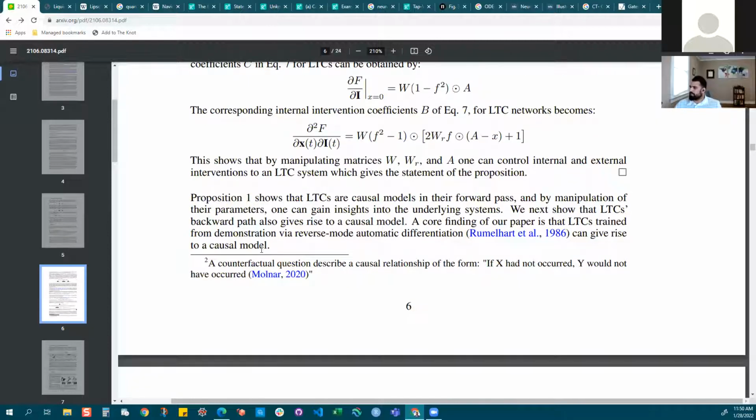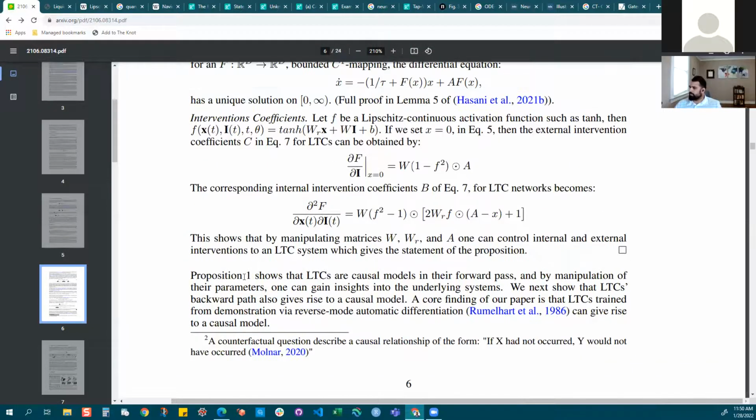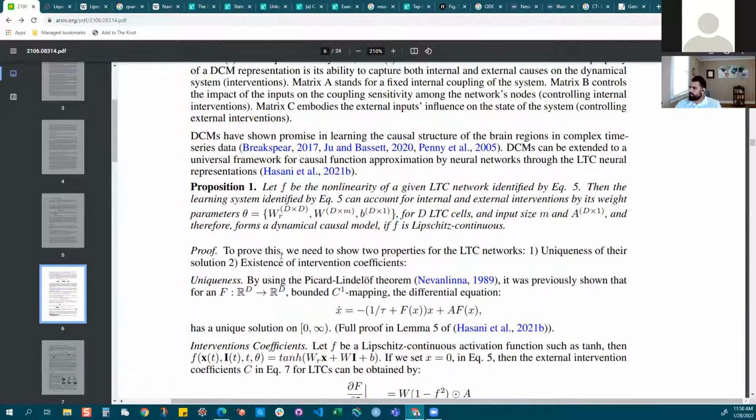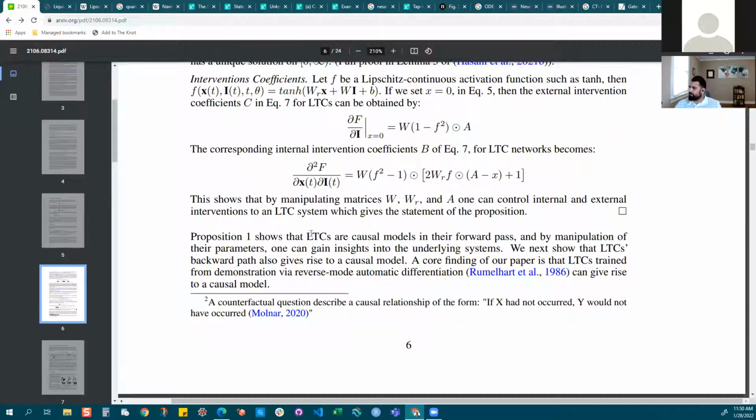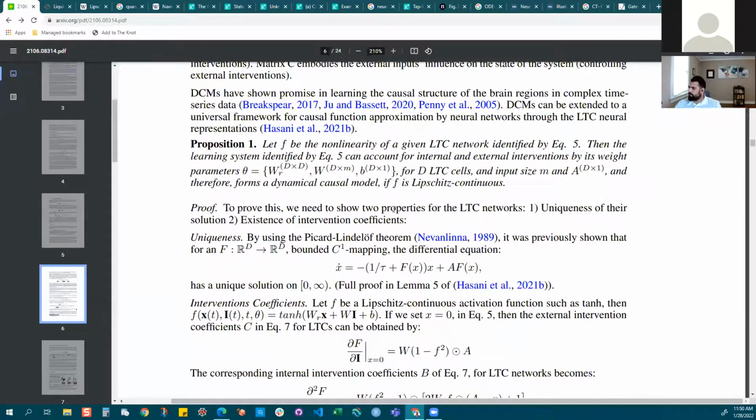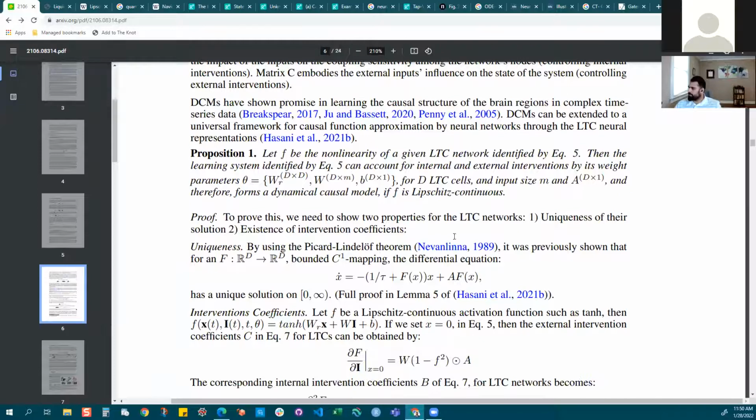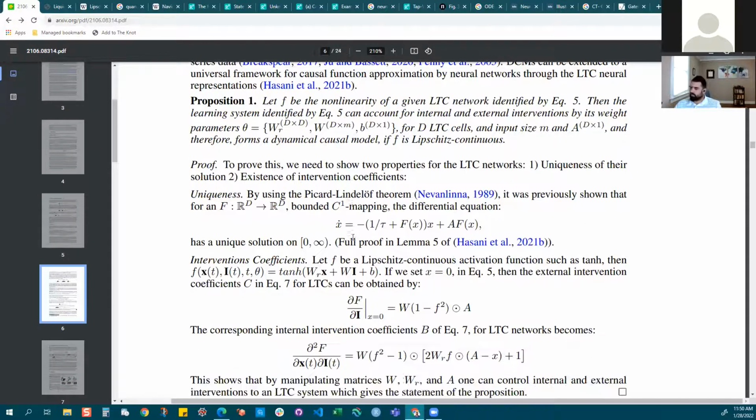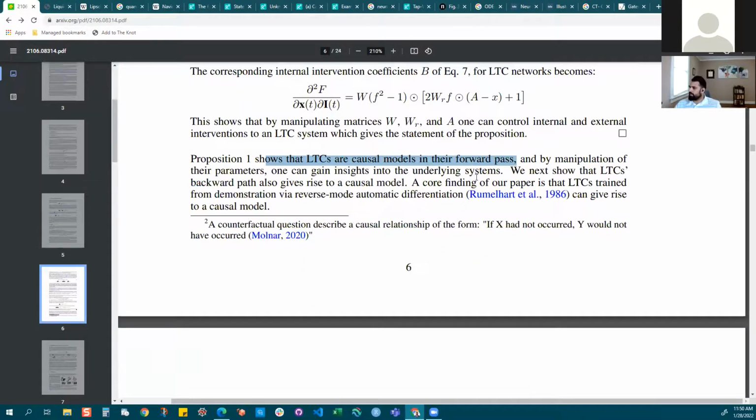And continuously, they say that in proposition 1 over here, they showed that LTCs are causal models in their forward pass. They established this by satisfying these two assumptions, uniqueness and existence of intervention coefficients, because it is a causal model in the forward pass. By manipulating the parameters, one can gain insights into underlying systems.